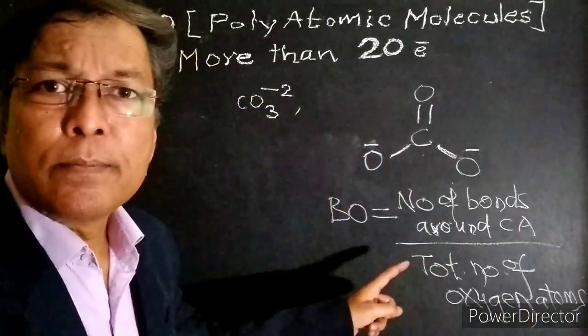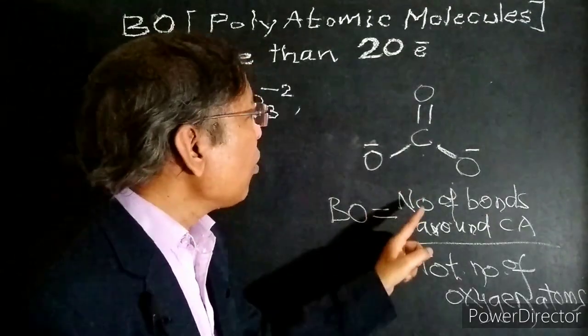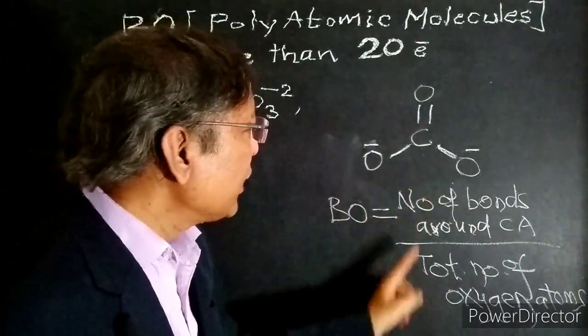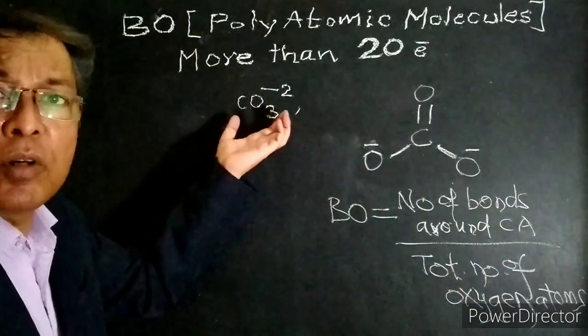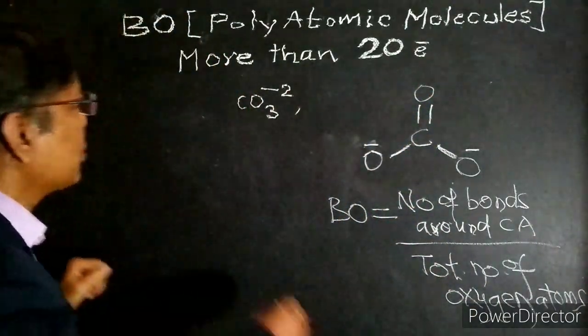This is the trick. Bond order equal to number of bonds around the central atom divided by total number of oxygen atoms. Let us calculate the bond order of CO3 minus 2.